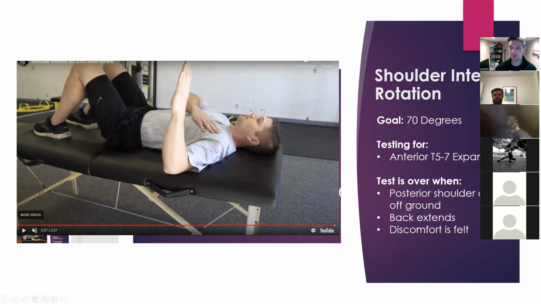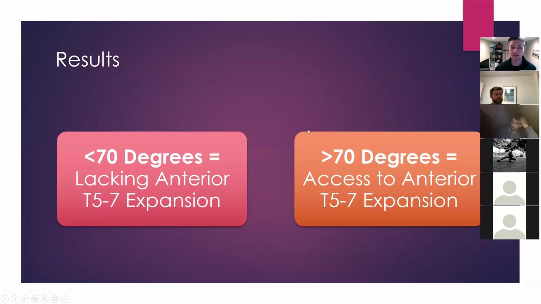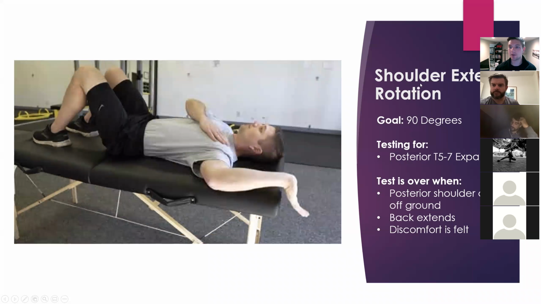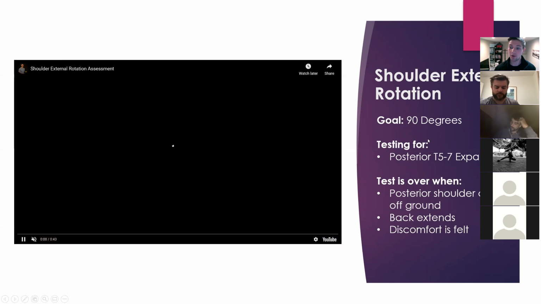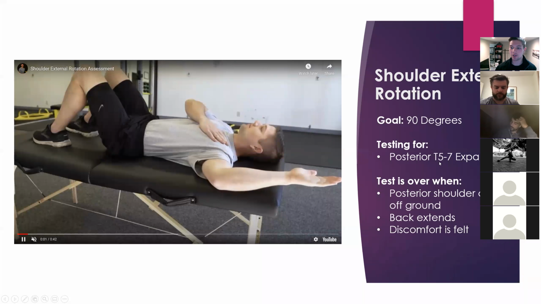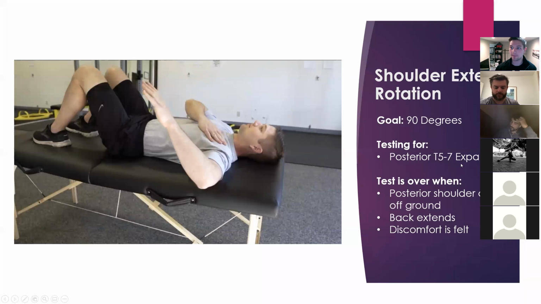So that's why I always cue elbow directly in line with your shoulder. From there, it's really easy to go into external rotation because you're just starting in the same place. The goal here is 90 degrees. Anything less than that, then you know you have some degree of restriction at T5 to T7 posteriorly.